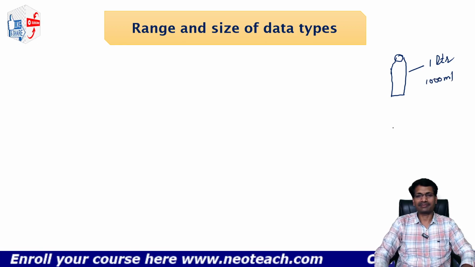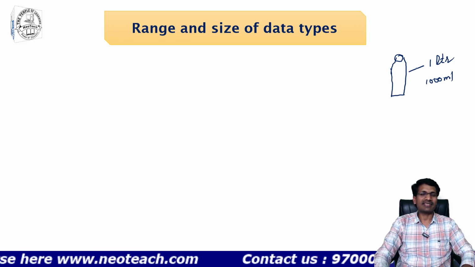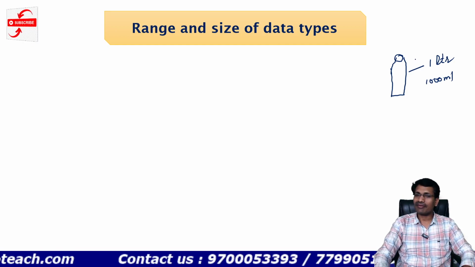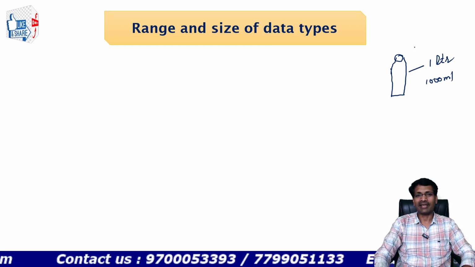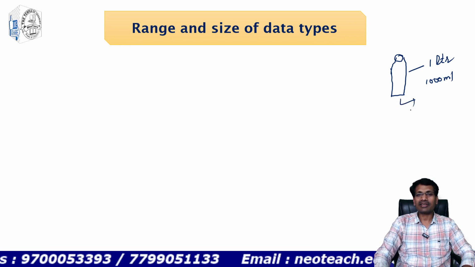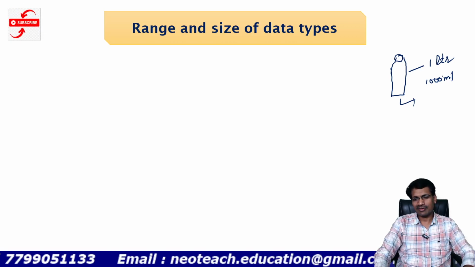If I ask what the size of this bottle is, everyone can reply that it is a 1000 ml or 1 liter bottle. But if I ask what the range of this bottle is, you will wonder what that means.